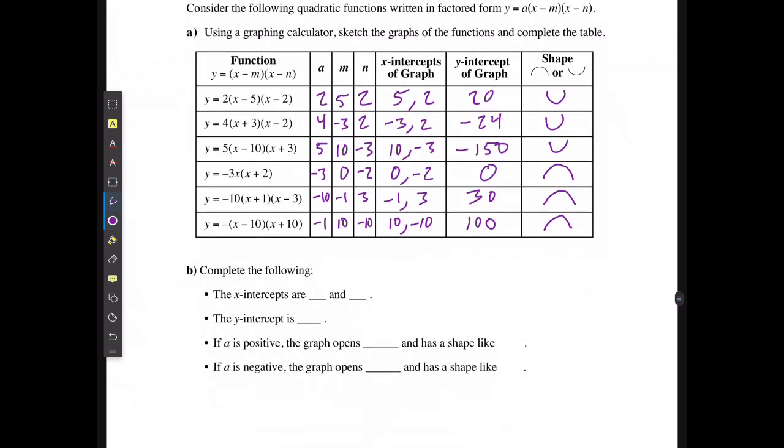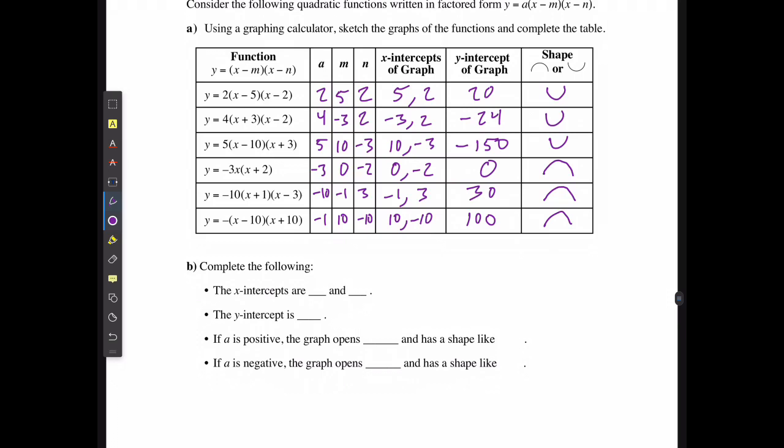So, what do we see here? Well, the x-intercepts, just like in the last case, were m and n. The y-intercept is no longer just m times n. The y-intercept is actually going to be a times m times n, the product of all three of these values.